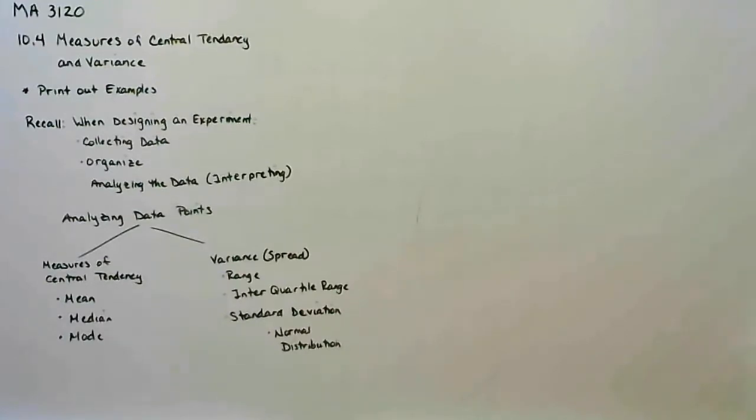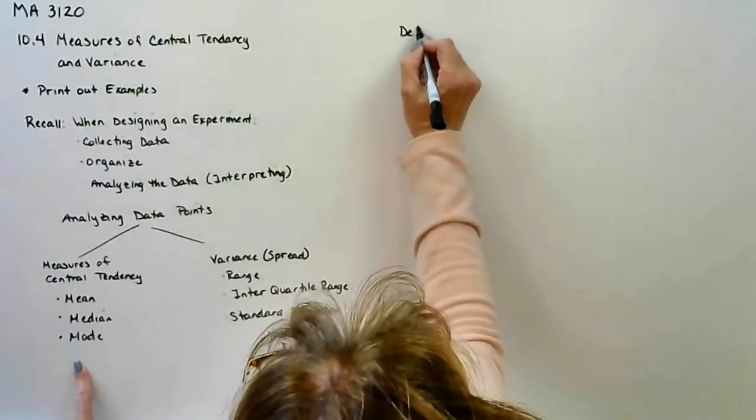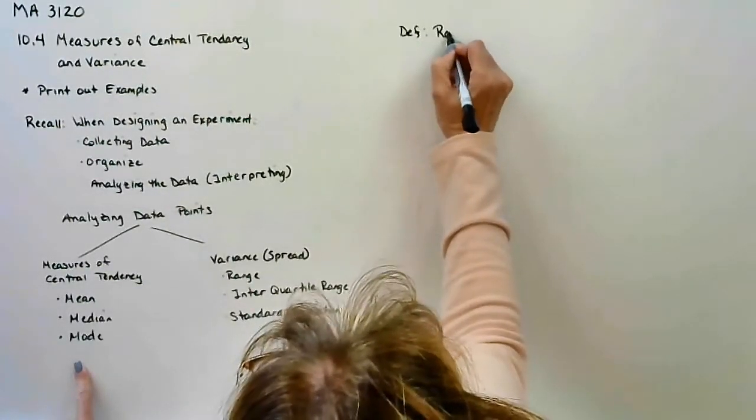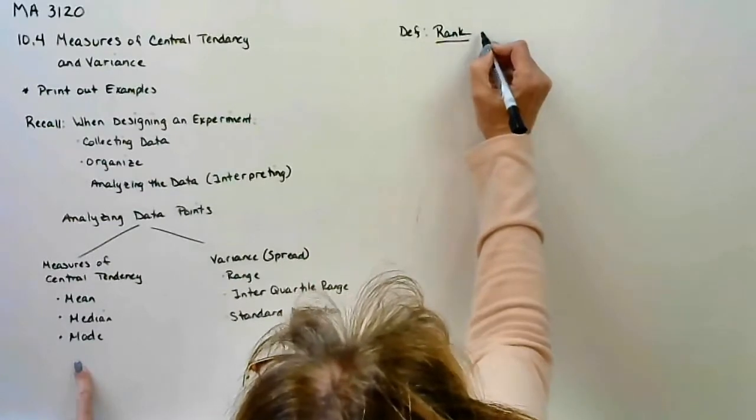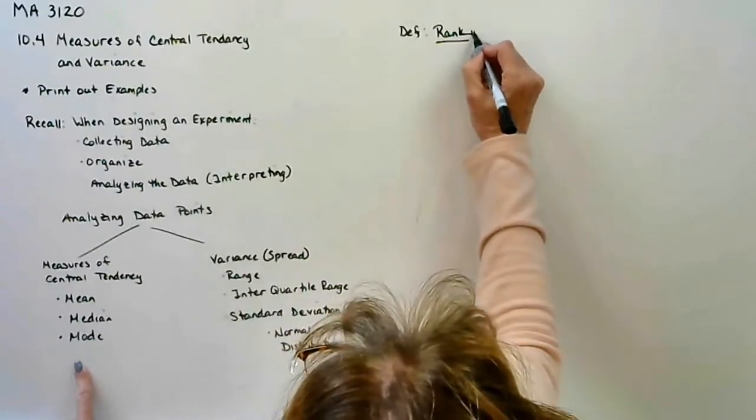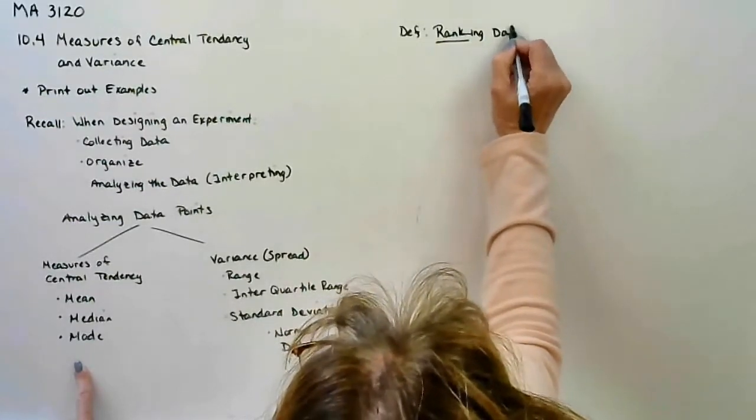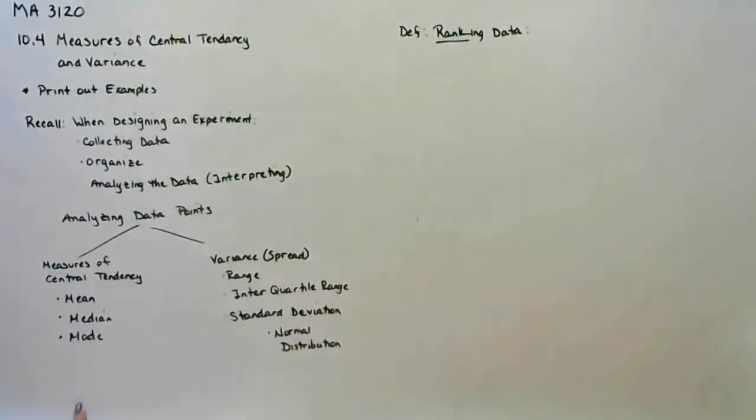Okay? So let's start off with measures of central tendency. We're going to look at mean, median, and mode. Before we do, we need to take a look at what we mean by rank. Rank or ranking data. When we rank something, we put them in order.